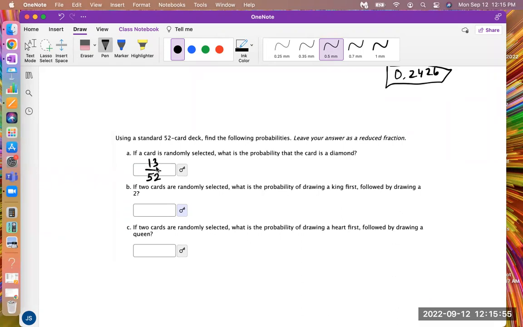If 13 doesn't go into the denominator, it's completely reduced. So let's see, does 13 go into the denominator? I have to do 52 divided by 13 just to see if it goes in equally.